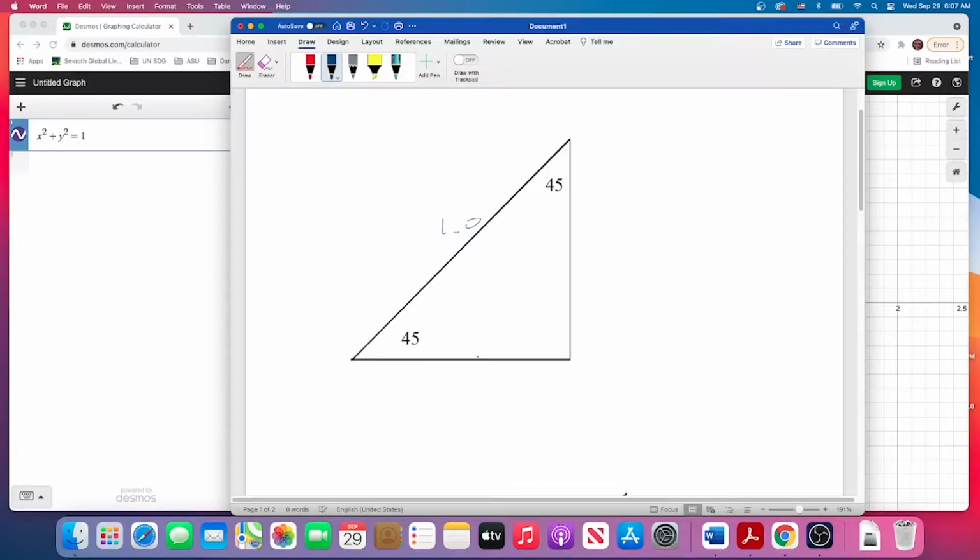When we measured this side, we came up with about 0.71, and then I told you the exact value should be 0.707, and I gave you this exact value of square root of 2 over 2. And if you take the square root of 2 divided by 2, you get 0.707, and a bunch of other things, right? It keeps going.